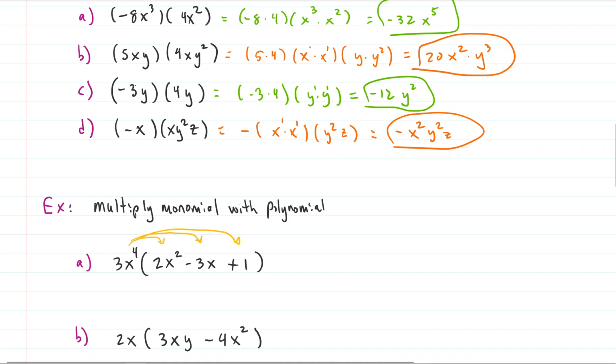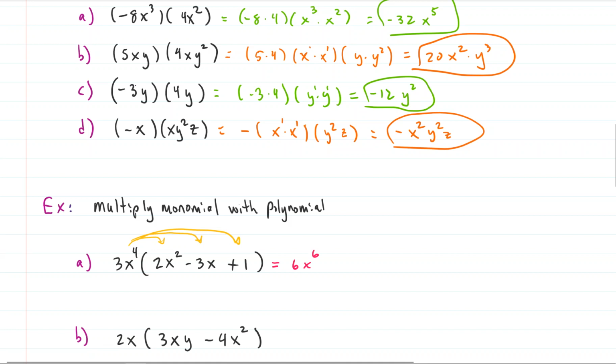As we do this distribution, 3x to the fourth and 2x squared. We're going to go a little bit faster here because we saw how we combined the variables together and the numbers together in the previous examples. So we're just going to do that here verbally. 2 times 3 is 6, and x to the fourth times x squared is x to the 4 plus 2, which is 6.